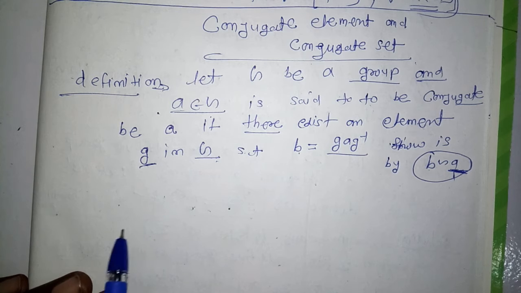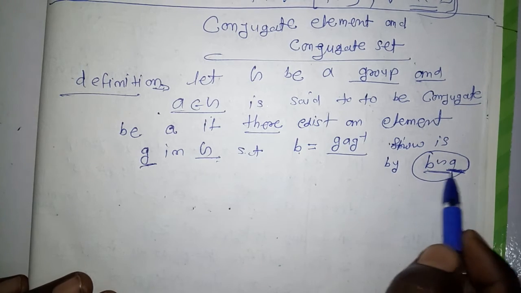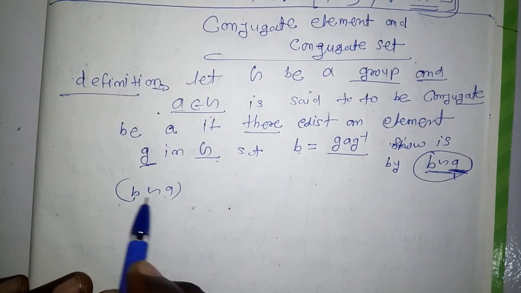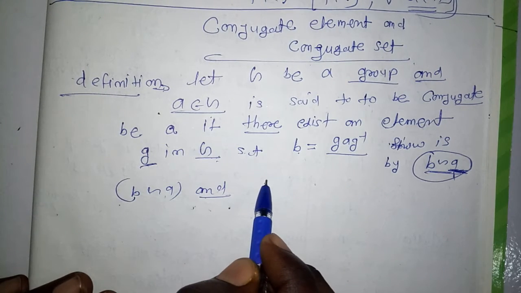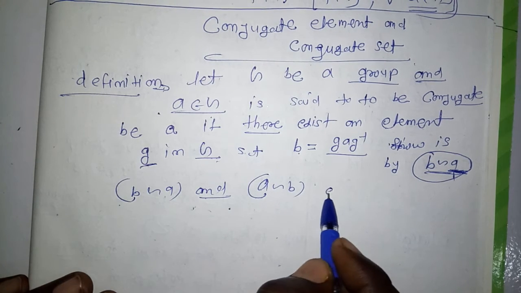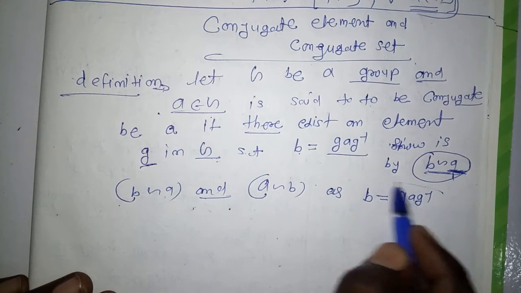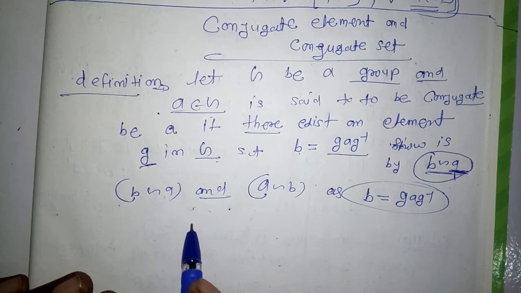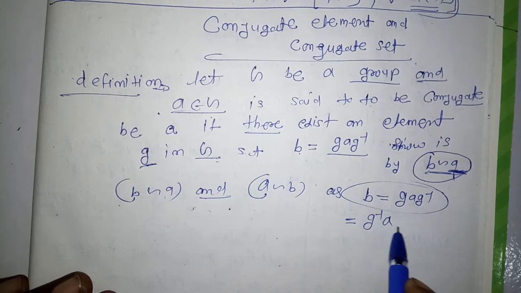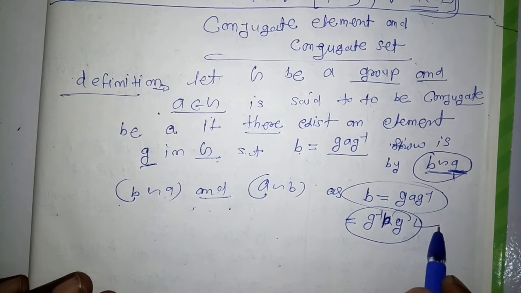Okay, from the definition, is it clear that B ~ A and A ~ B? As B is equal to g A g inverse, it is also written here as A equals g inverse B g, students.